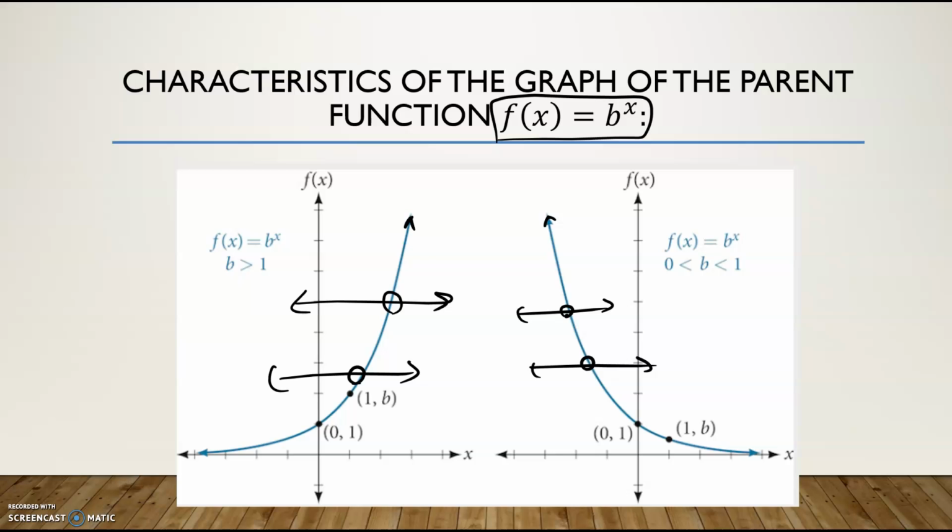And since it's a one-to-one function, that indicates that it's already a function, because it can't not be a function and be a one-to-one function. And notice the graph is getting closer and closer to the x-axis, which is y equals 0. It'll get really, really close to it, but it will not touch it. It will not cross it.